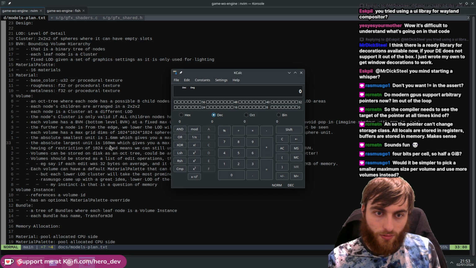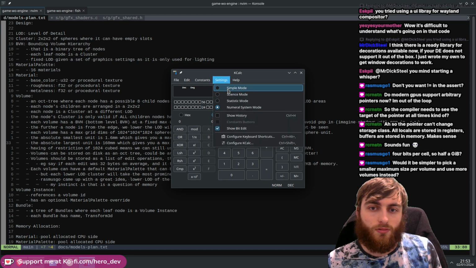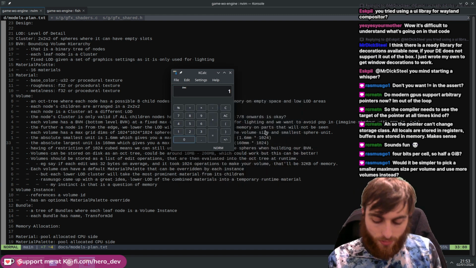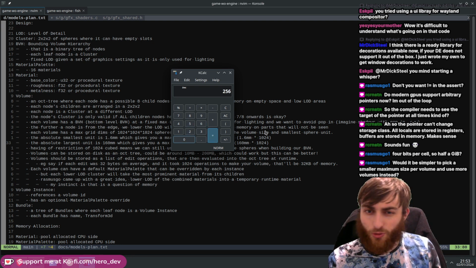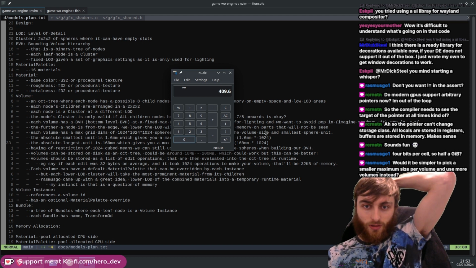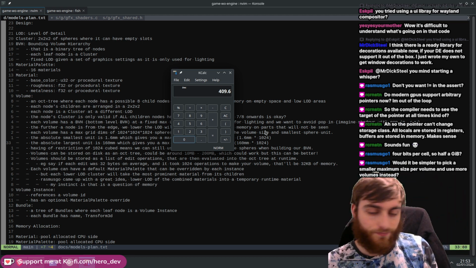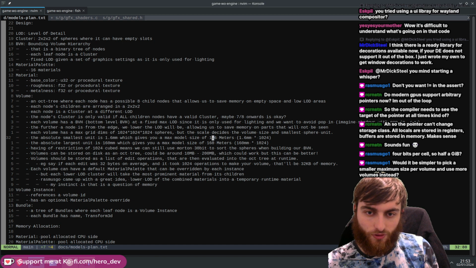Let's try the lower one. 1.6 mil times 256. I'm not sure if I want to go that small, but it's just the idea, right? Maybe that's the smallest unit. That wouldn't even reach a meter, would it?